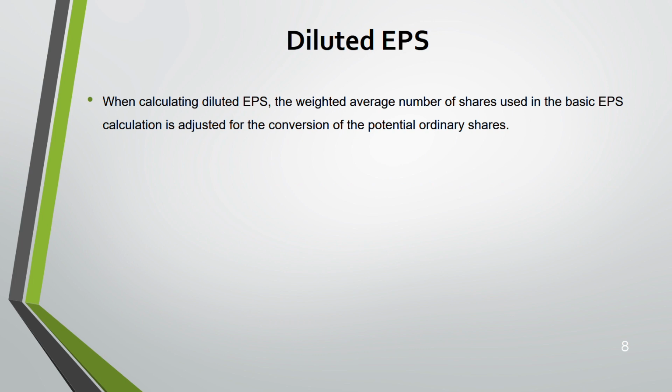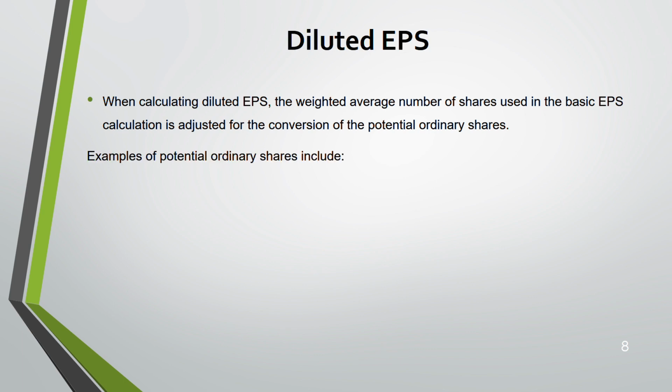Coming to the weighted average number of shares, even this gets adjusted when you're calculating diluted EPS. How? The weighted average number of shares that you use for basic EPS needs to be increased now. Because now, let's say your debt is now being converted to ordinary shares. So now you'll be having more shares, right? So those shares also need to be in that weighted average number of shares. Needs to be added there.